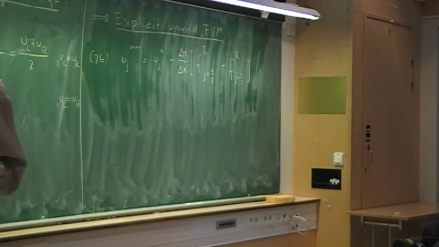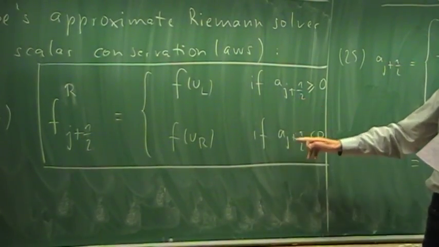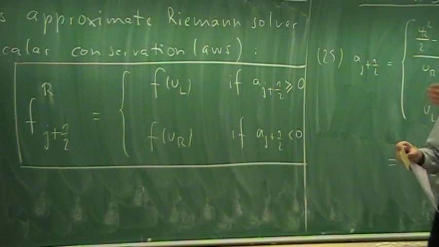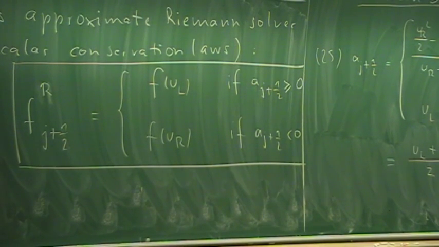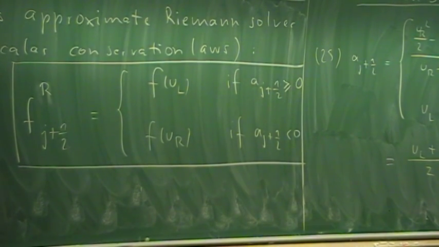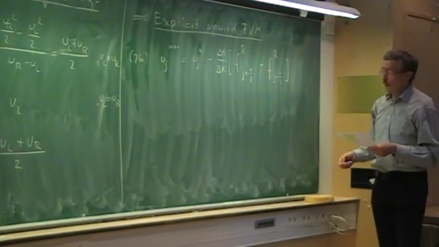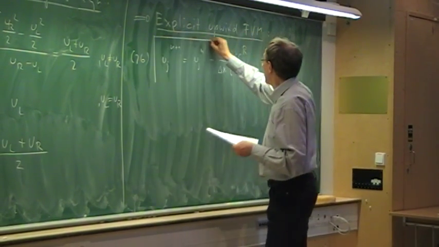We simply have j minus 1/2, and UL will be the value in the cell j minus 1, and UR will be the value in the cell j. So we just solve the Riemann problem at that phase, and then we get the flux.